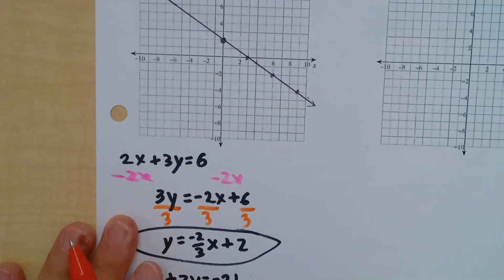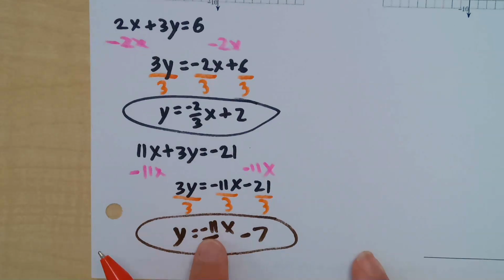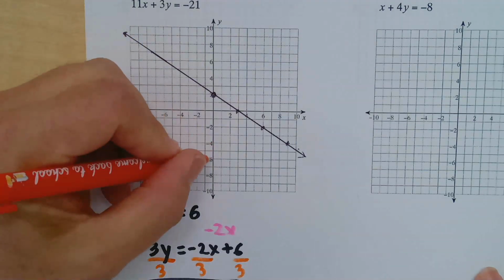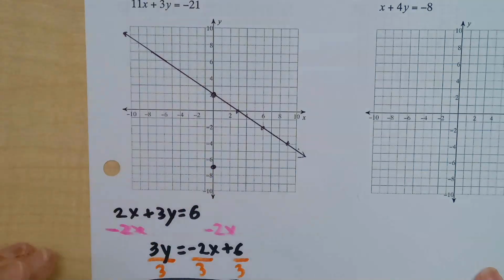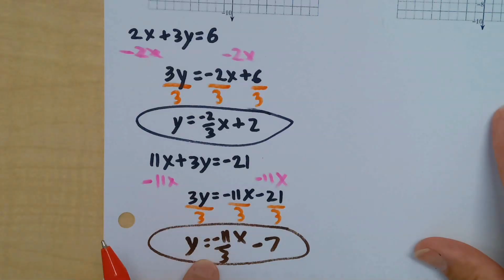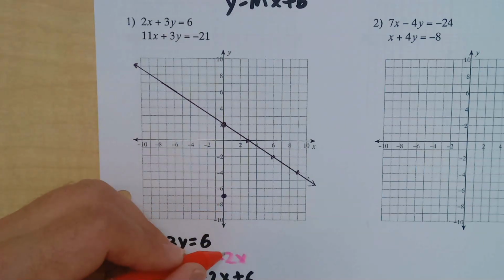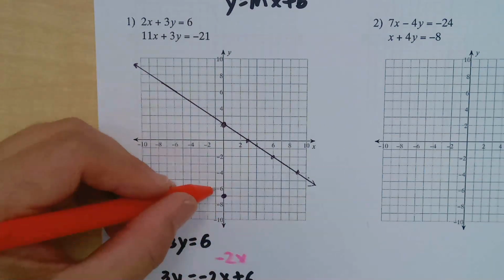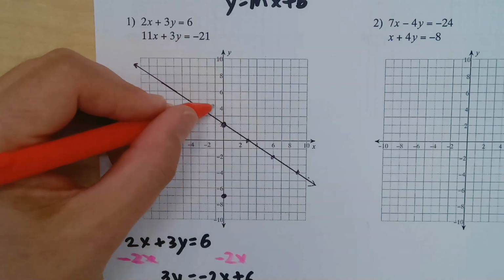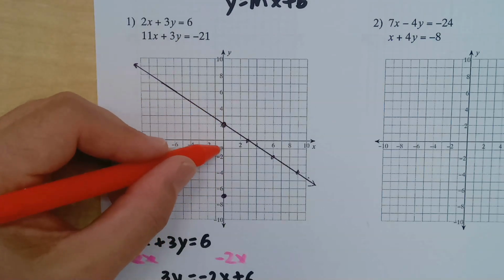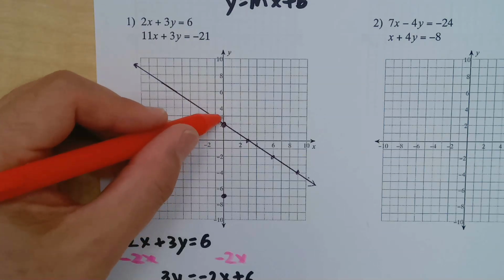Okay, and that's that equation. Now the other one, the y-intercept is negative 7, so I'm going to go over here and put a dot at negative 7. And my slope is negative 11 over 3. Now, I can't really go down 11 over 3. It's off the grid. So I'm going to go up 11 and to the left 3. So 1, 2, 3, 4, 5, 6, 7, 8, 9, 10, 11.